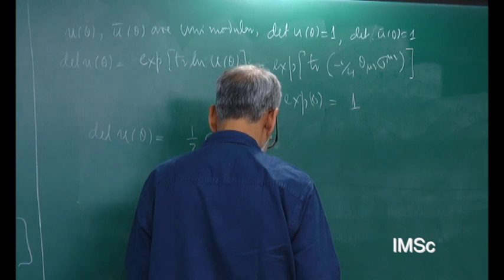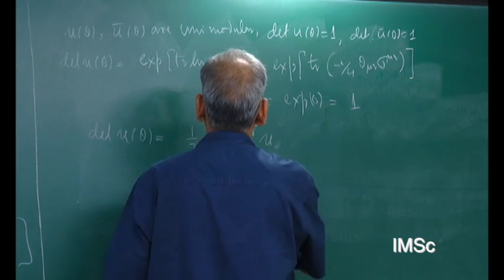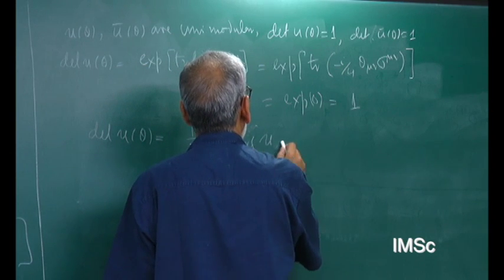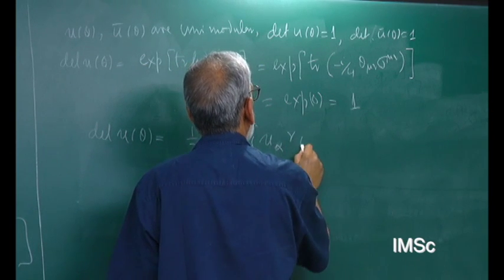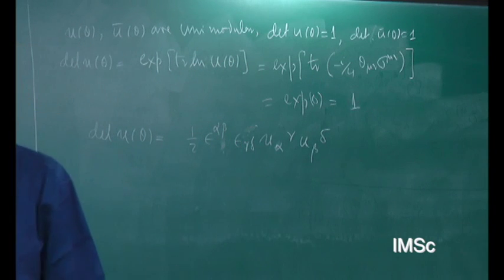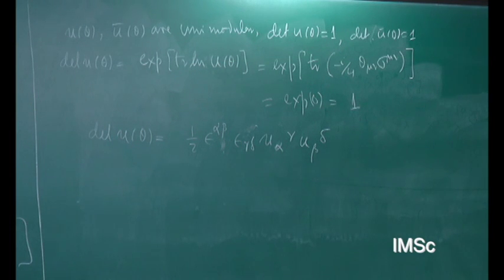Something is not right. Yes, this should have been epsilon alpha beta epsilon gamma delta U alpha gamma U beta delta. That's the definition of the determinant for a 2 cross 2 matrix.